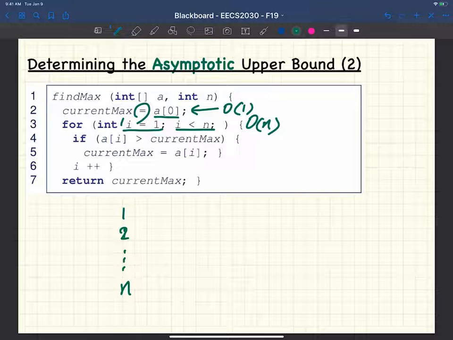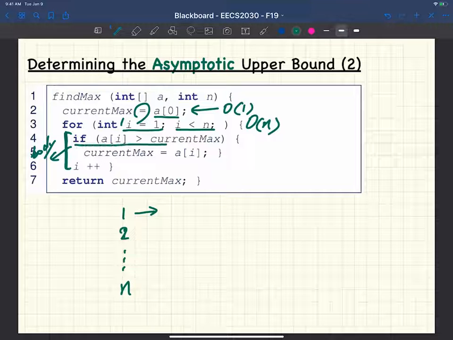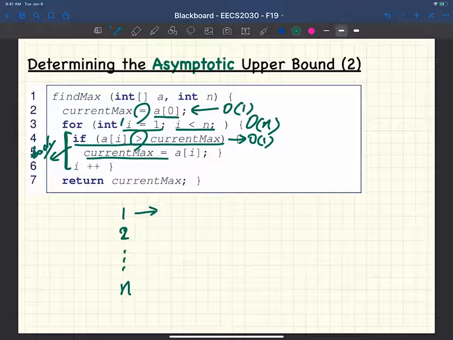For each one of them, we execute this if statement, the body of the loop. This one is simply comparing a condition, so it's big O of 1. This one is just another assignment and array indexing, also big O of 1.